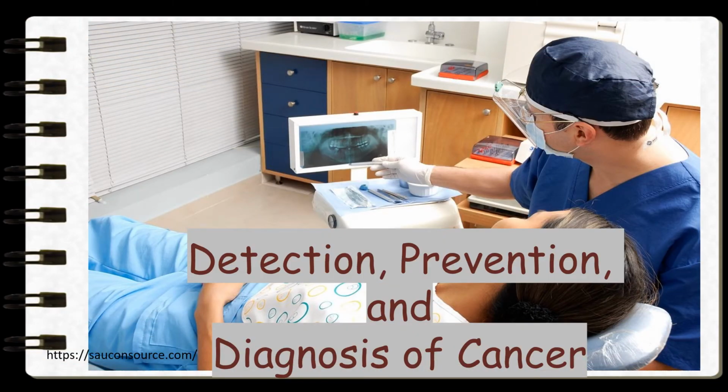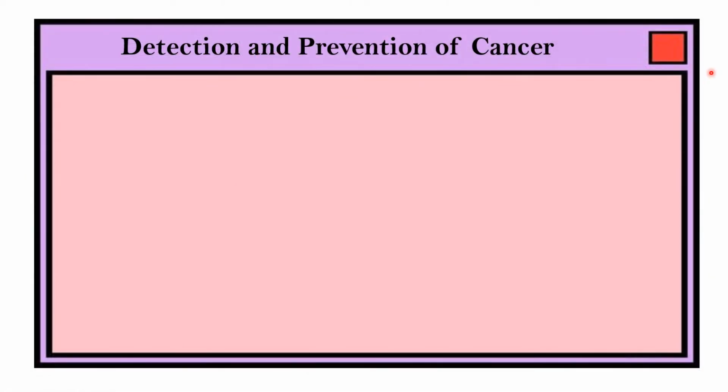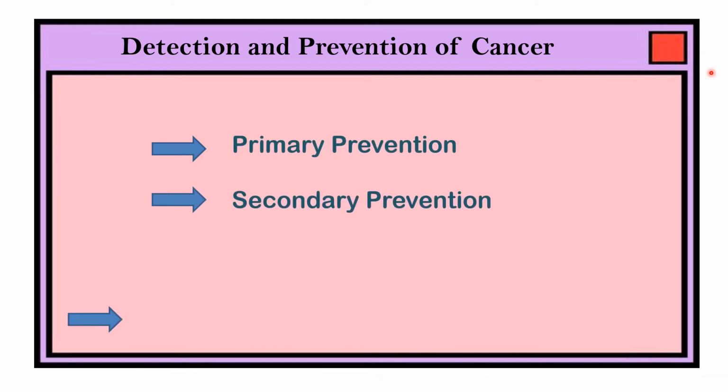So now let's talk about how cancer can be detected, how to prevent, and how to diagnose cancer. So for detection and prevention of cancer, we have primary prevention, secondary prevention, and tertiary prevention.